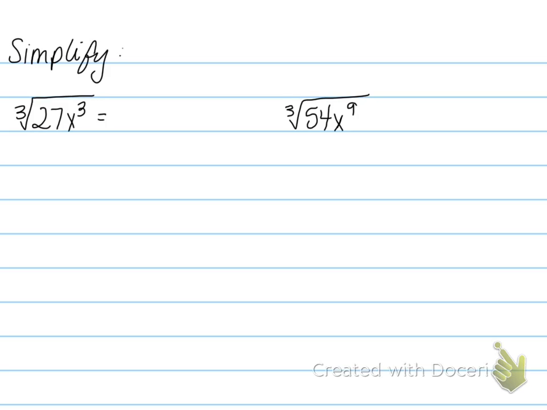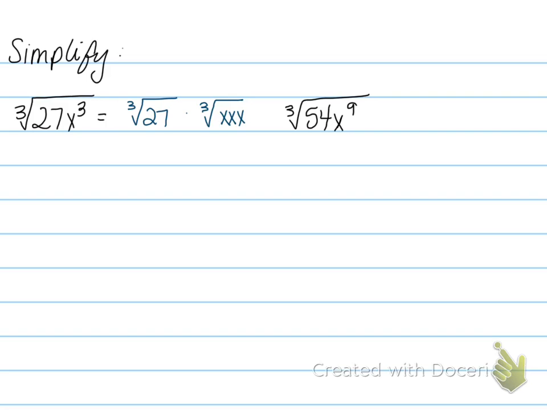I'm going to do the same idea. Make sure when you do x to the third, write out your 3 x's. So I'm going to go to my calculator and I'm going to type in the cube root of 27 to see if it's a perfect cube.